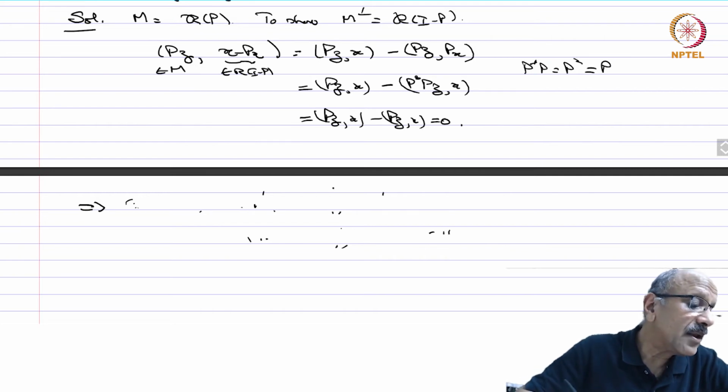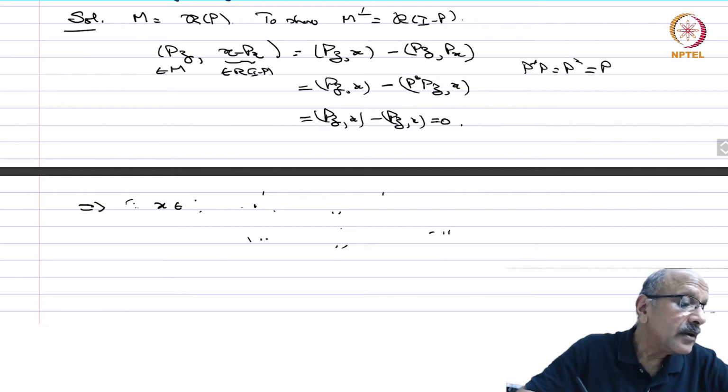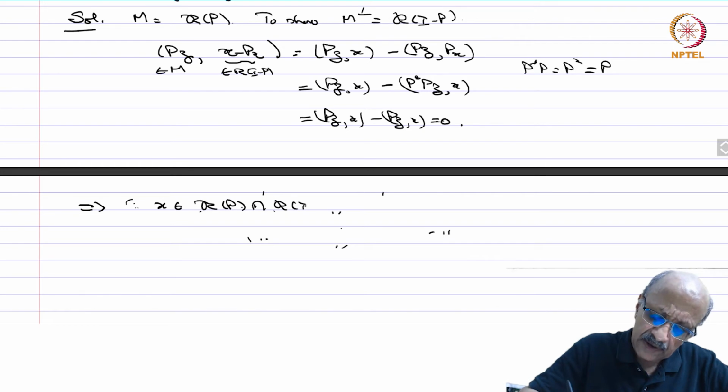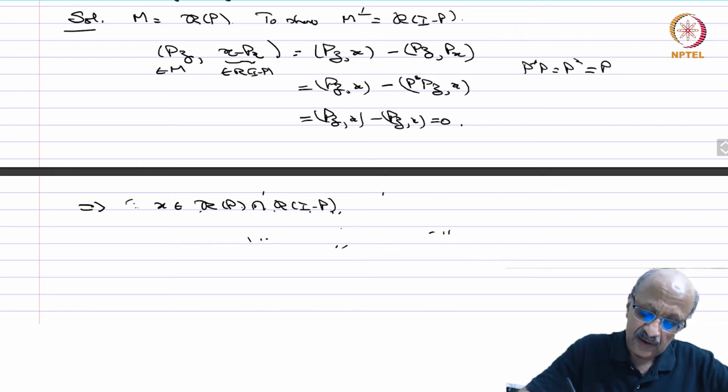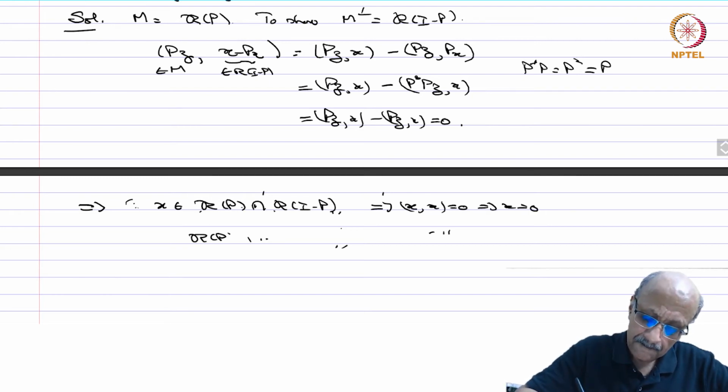So we have that if x belongs to range of P intersection range of I minus P, now range of I minus P is orthogonal to this, and therefore you have (x, x) equals 0 implies x is equal to 0. So range of P intersection range of I minus P is 0.